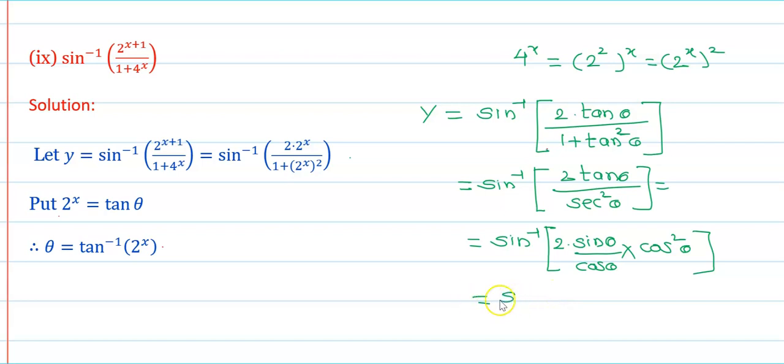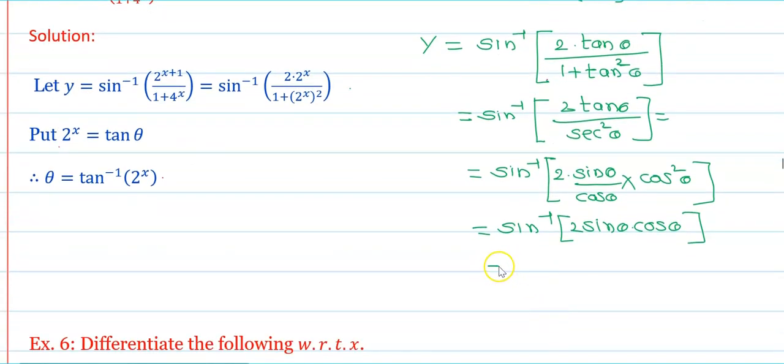You will get sine inverse of 2 sine theta into cos theta. Now sine inverse of 2 sine theta cos theta means sine inverse of sine of 2 theta, and that is equal to 2 theta.